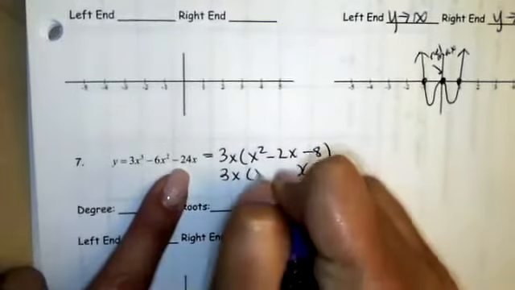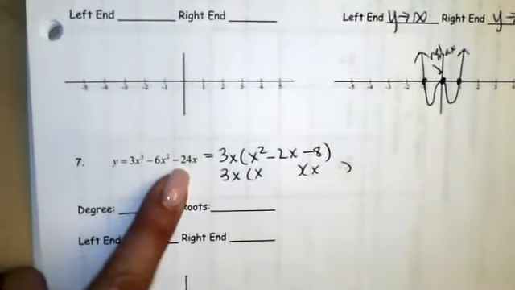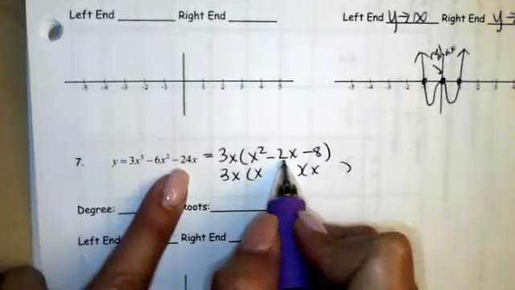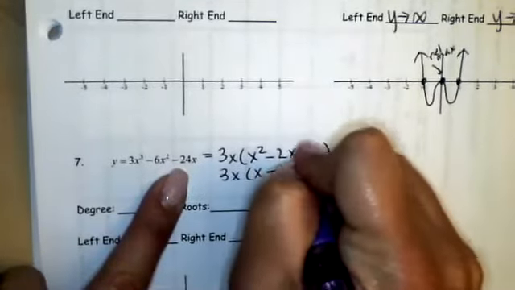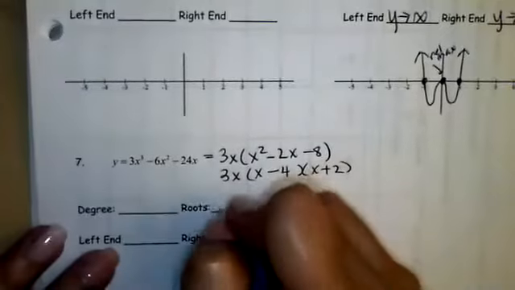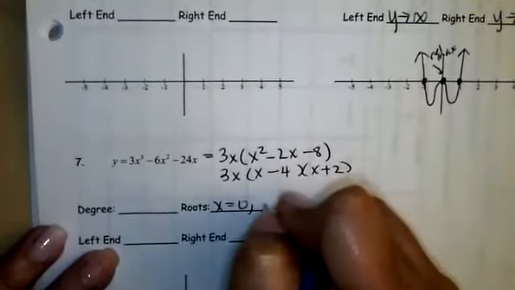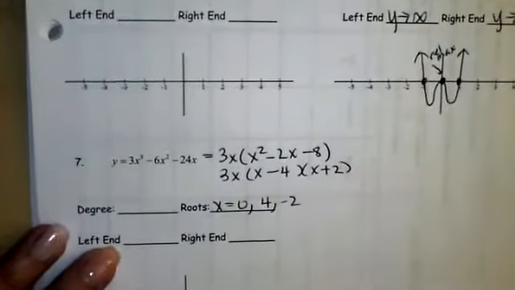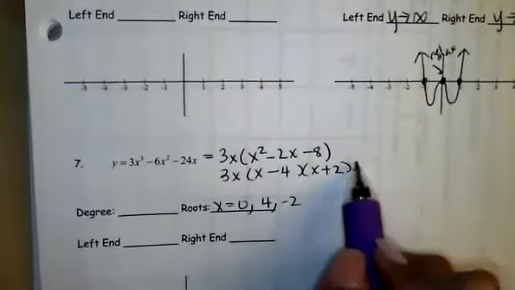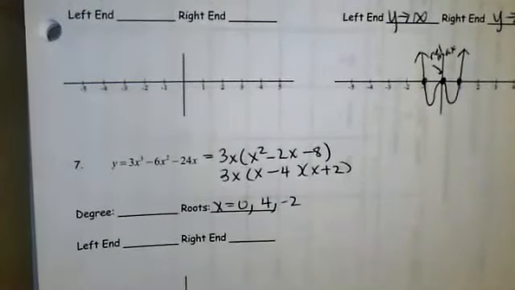And so we go into the next part there, x times x. Then we're looking for what multiplies to be -8 and adds to be -2. And that is a -4 and a +2. Our roots there would be 0, 4, and -2. And they would cross at all 3 places. Since there's no exponent written, it is a 1.